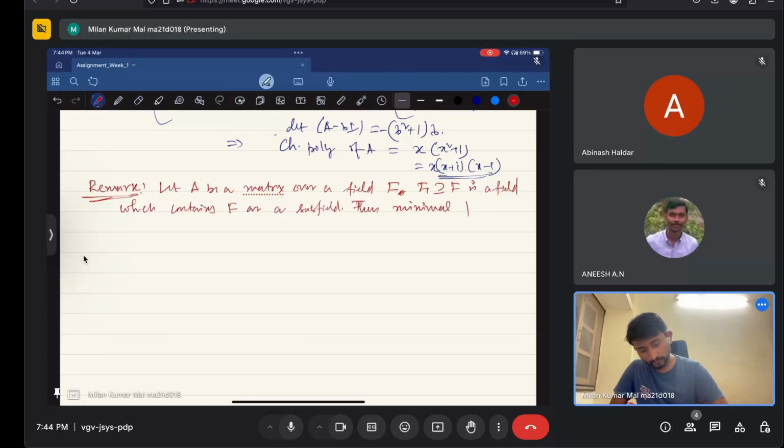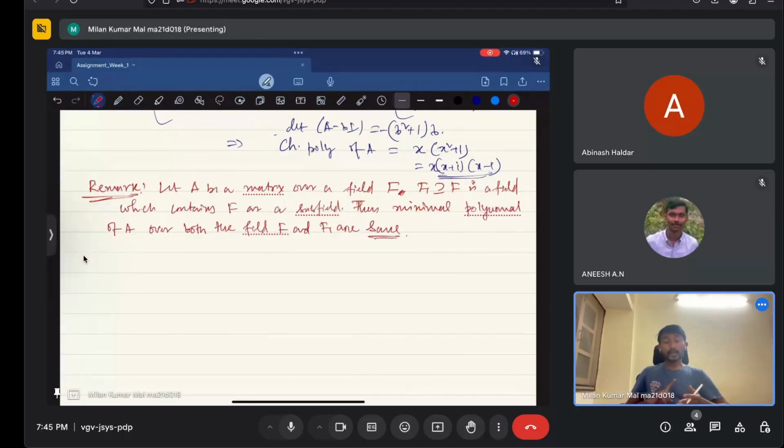So the minimal polynomial of A over both fields F and F1 is the same.